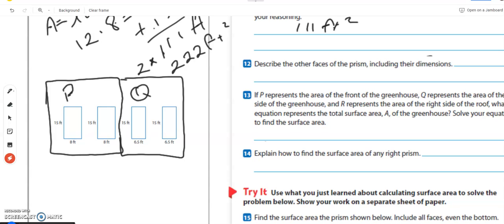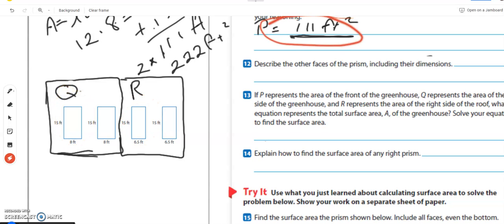If P represents the area of the front of the greenhouse, which is right here, and Q represents the area of the side of the greenhouse, which is over here, and R represents the area of the right side of the roof, which is over here, so this would be Q, that's P right there.